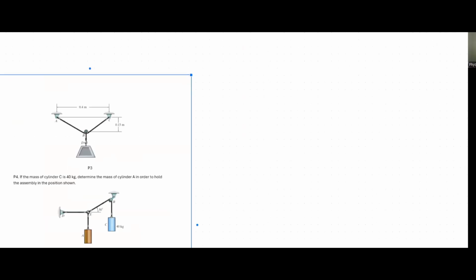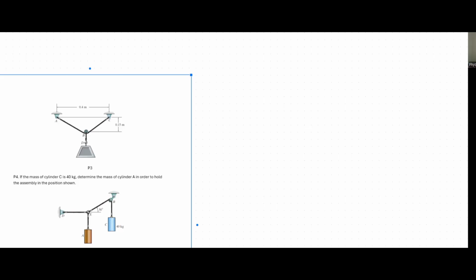Here is sum 3. On sum 3, we are told to calculate, let me read the question.